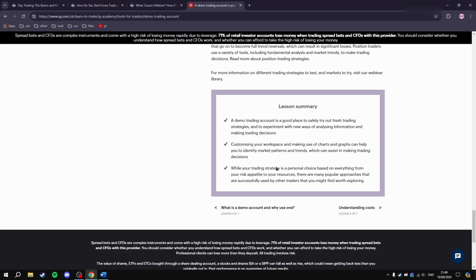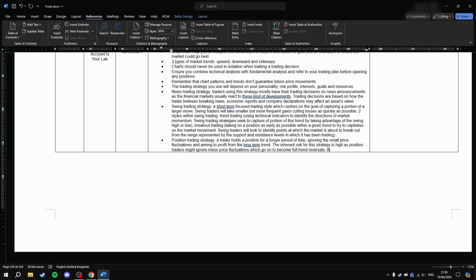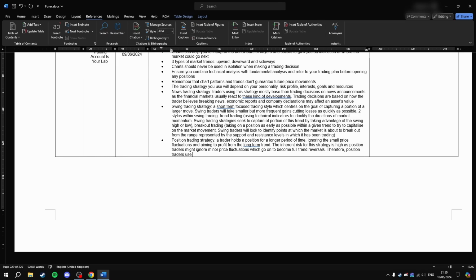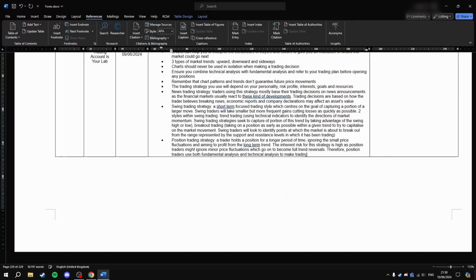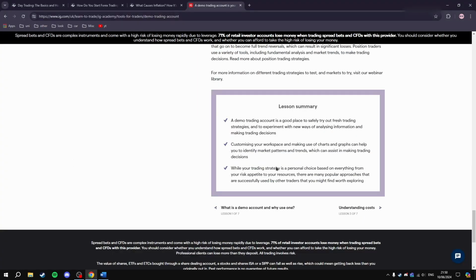Position traders use a variety of tools, including fundamental analysis and market trends, to make trading decisions. Therefore, position traders use both fundamental analysis and technical analysis to make trading decisions. For more information on different trading strategies to test and markets to try, visit our webinar library.